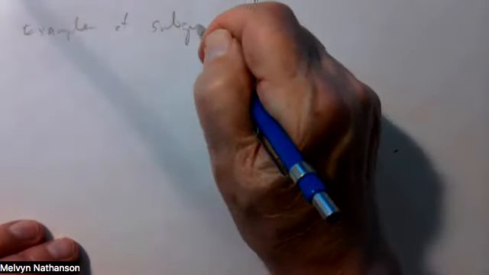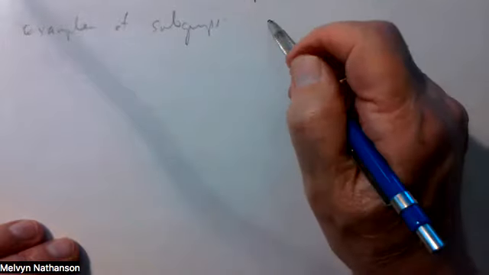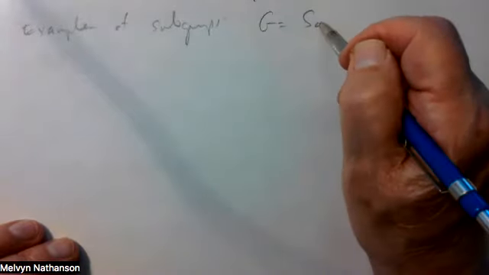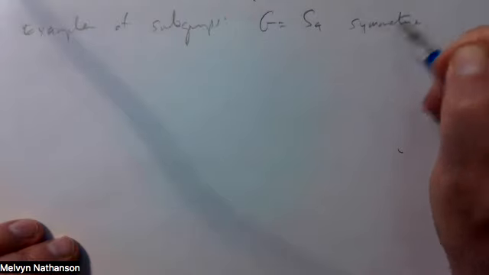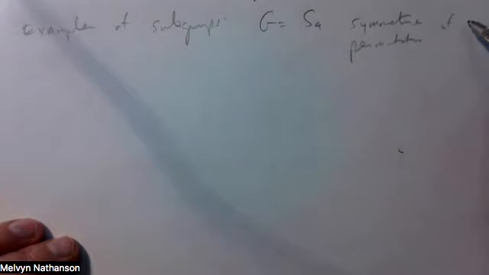What are some more examples of subgroups? So we have the group S, let's say S4, which is the symmetries or the permutations of 1, 2, 3, 4.